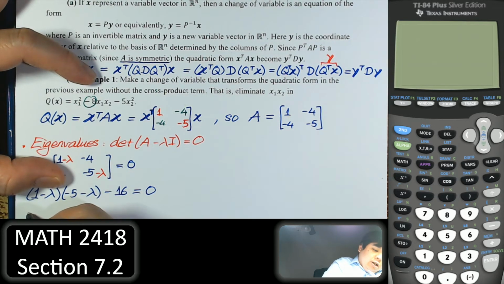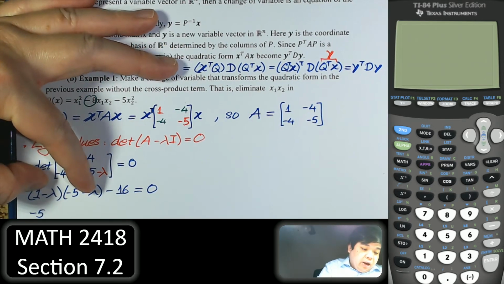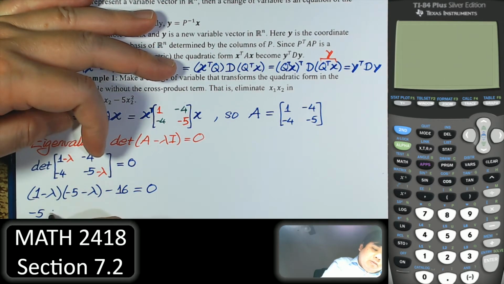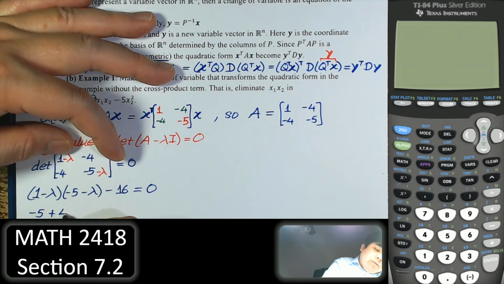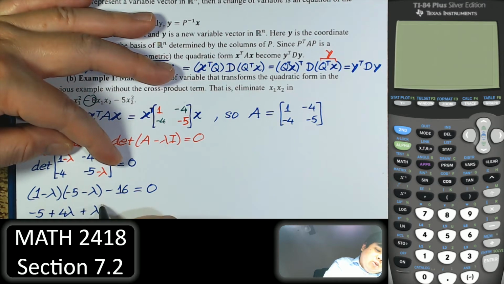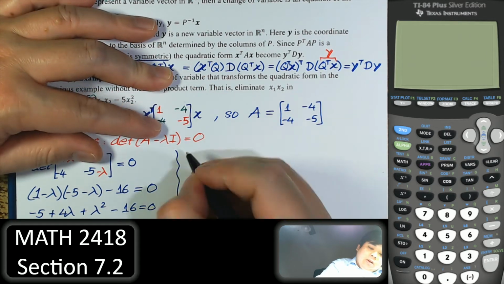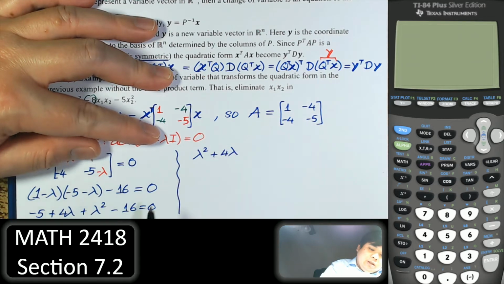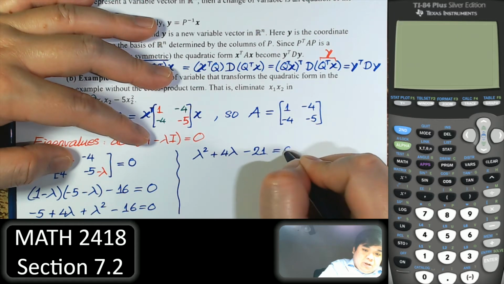Multiply it out: that gives us lambda squared plus 4 lambda minus 21 equal to 0.